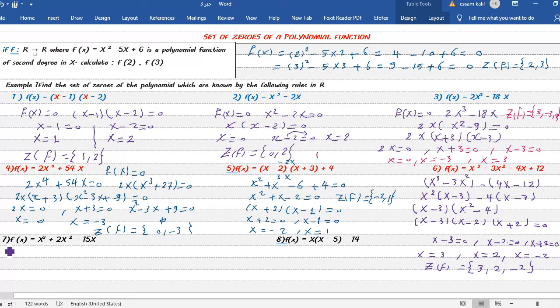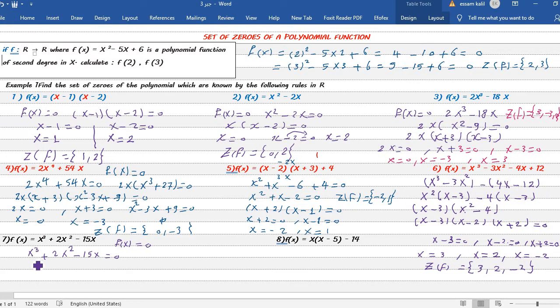Example 7. f of x equals x power 3 plus 2x power 2 minus 15x. Put f of x equals 0. Then x power 3 plus 2x power 2 minus 15x equals 0.